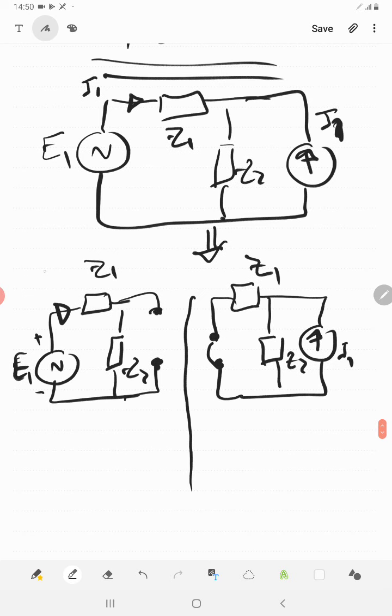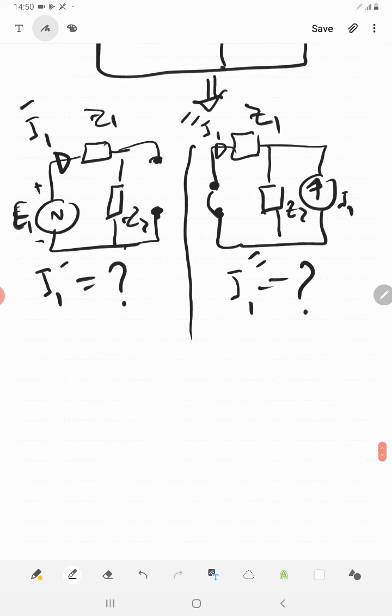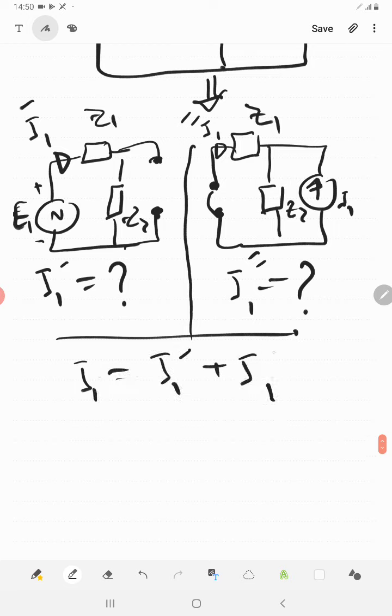Here is I1 bar, and here is I1 double bar. Find I1 bar from the first circuit, find I1 double bar from the second circuit, then finally I1 equals I1 bar plus I1 double bar. Okay, that's basically the theorems.